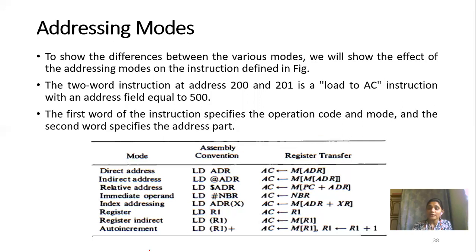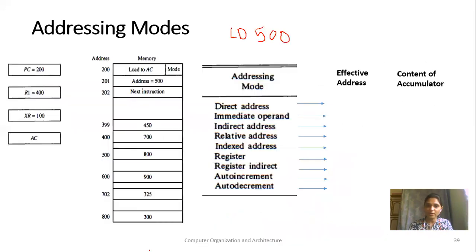Okay, so let me see what will happen with our instruction that we have stored at locations 200 and 201. Load to accumulator, mode we will define by these bits, and then the address field is 500, fixed.